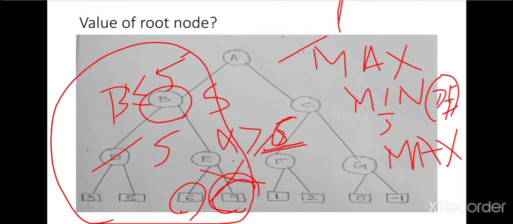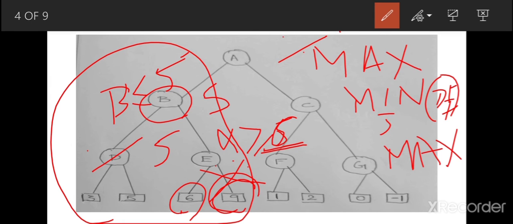And now that 5 is passed to node A. Here what will be the condition? Alpha should be greater than or equal to 5. Then we traverse and reach node 1, and now we check the maximum of 1 and 2.